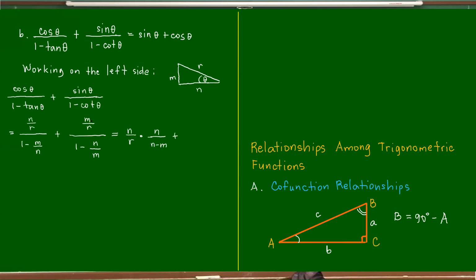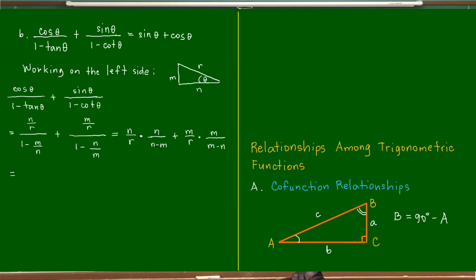Then plus, this denominator is m minus n all over m, so m over r times the reciprocal, which is m over m minus n. Correct? The denominators differ only in sign.